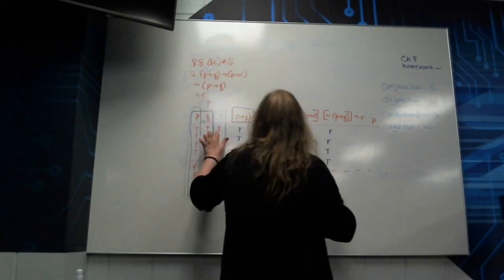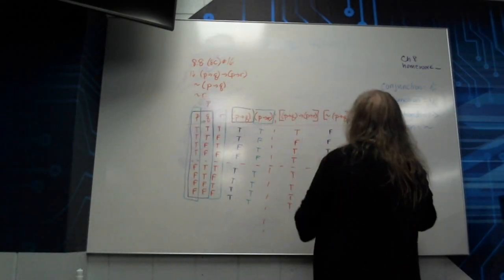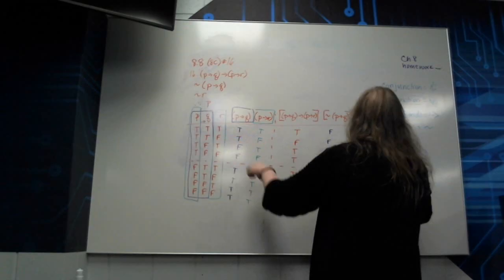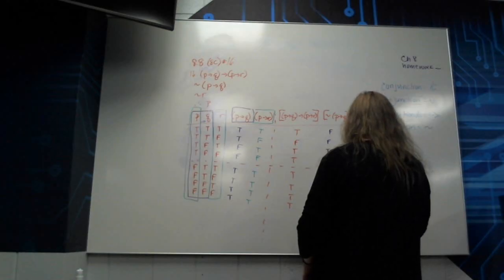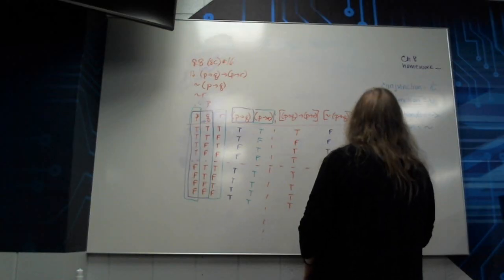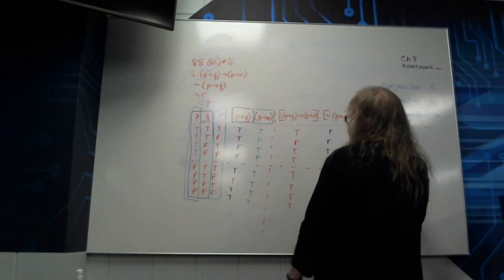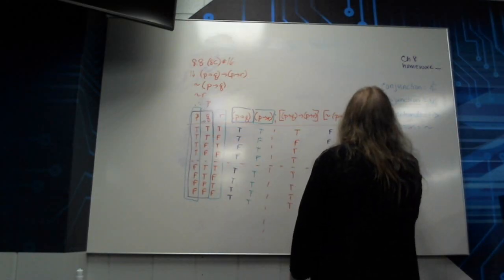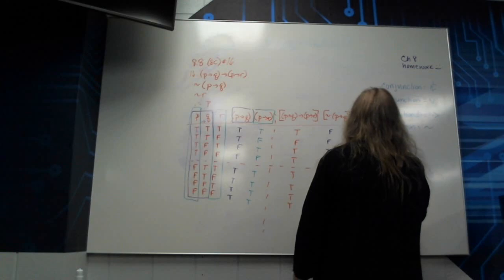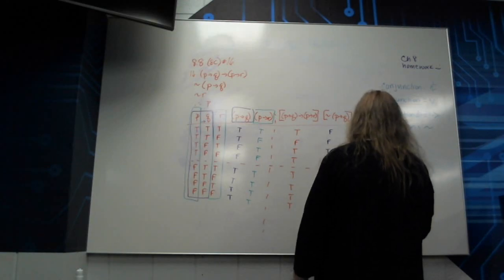Our not R, again, we're going to do opposite day. And since we're true, false, here we're going to be false, true, false, true, false, true, false, true. And then the P is the exact same as it is here. Okay, so we have 4 trues and 4 falses.